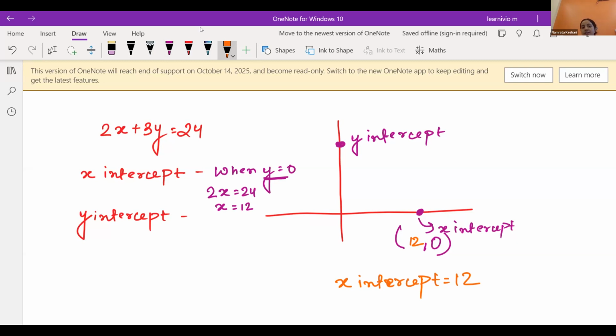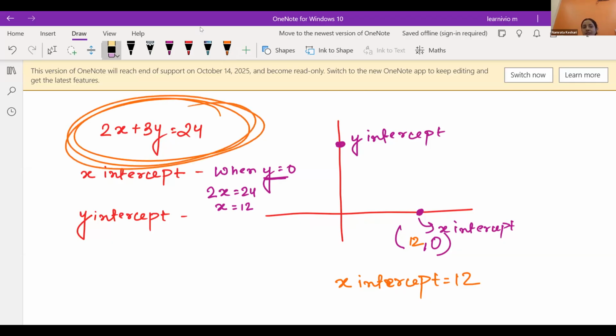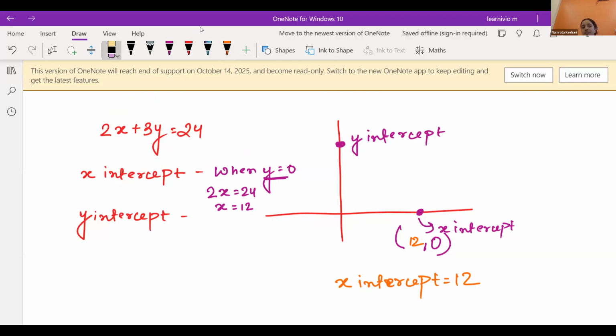Okay, now y-intercept. Y-intercept means where exactly this graph is intersecting the y-axis. Now we don't know how to find the y-intercept, but we are pretty sure that whatever the coordinate over here is, x will be 0.